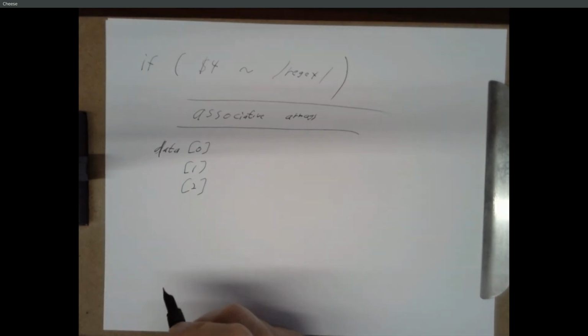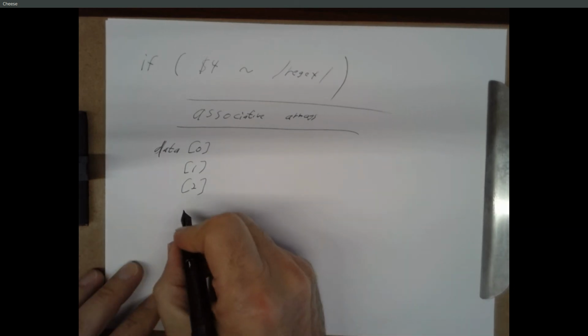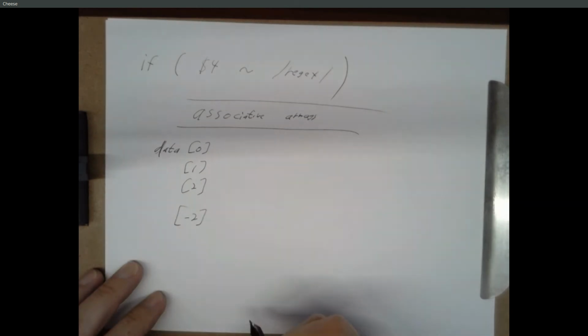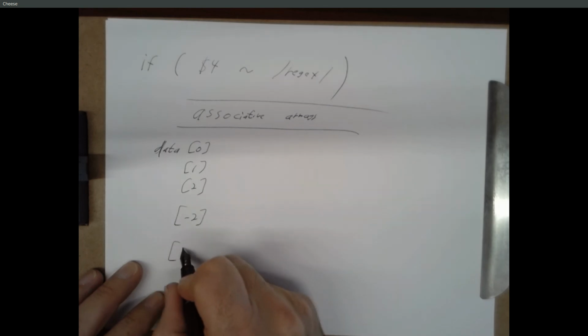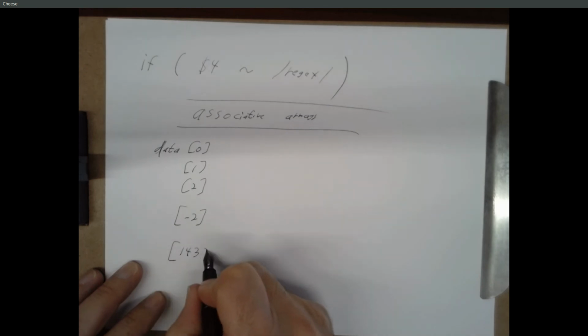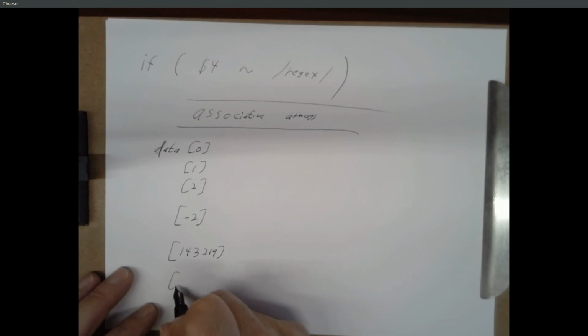Imagine an array that you can index more generally. Not just with 0 and 1 and 2, but maybe with -2. Or maybe with 143,219. Or maybe with 2.65.